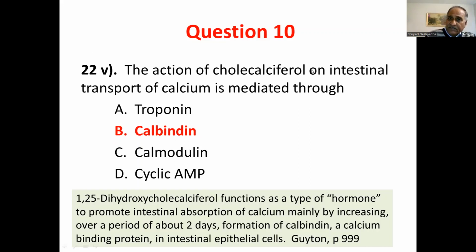The action of cholecalciferol on intestinal transport of calcium is mediated through calbindin. Perhaps I would have preferred 1,25 dihydroxycholecalciferol in the stem; that would have been more correct. Anyway, cholecalciferol is less potent as compared to 1,25 dihydroxycholecalciferol.